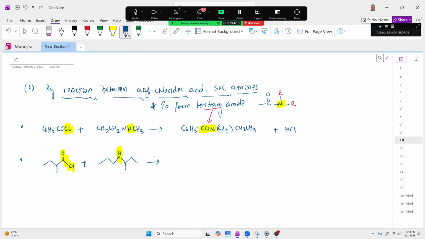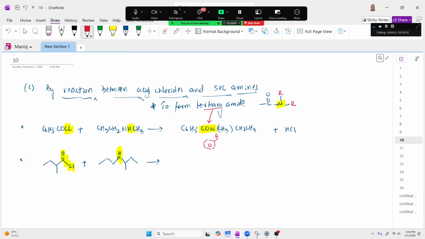Is that okay? Okay. And what about this one? So if you want to make the SKF of that, that's the benzene ring. And then that's the C, hold on. So what you could do is you can just put it like this.